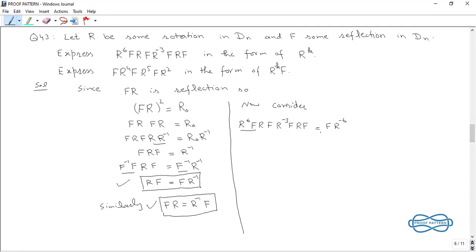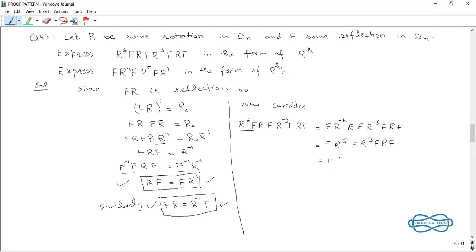We have changed this to this by using this result, and then R FR^-3 FR and F, and that will be FR^-5 FR^-3 FR and F. Okay, now again we will use this result.